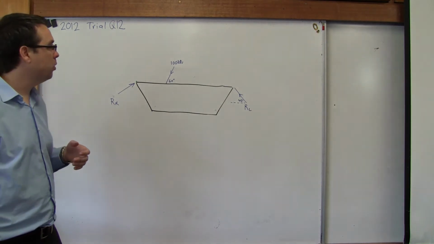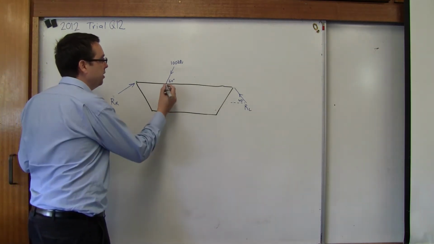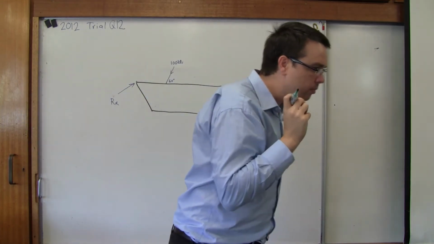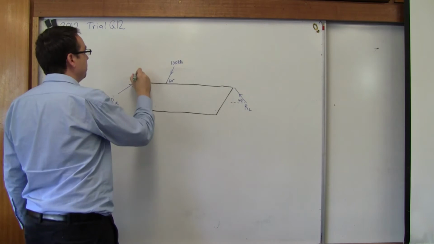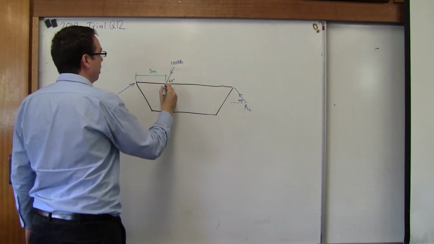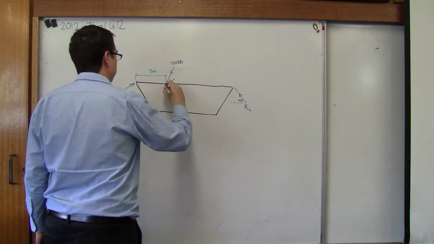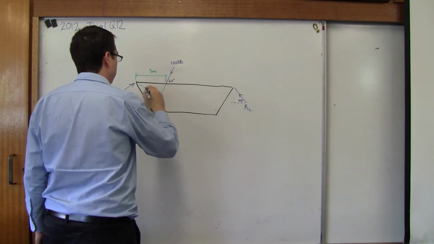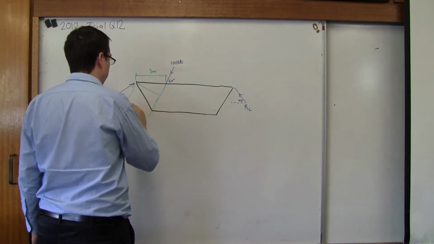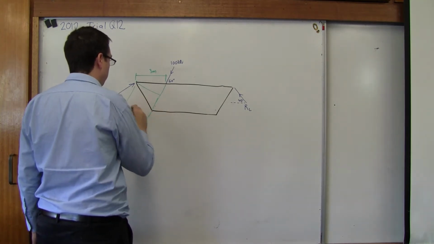What I would do is find the perpendicular distances of things. If we know this distance here is 3 meters, that distance there is 3 meters. So we can find this distance here, which is the perpendicular distance.